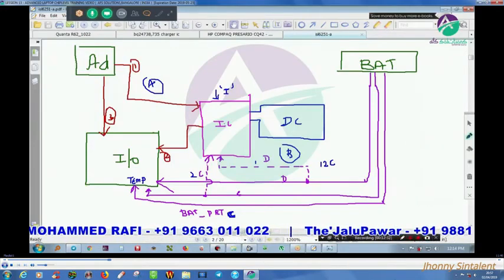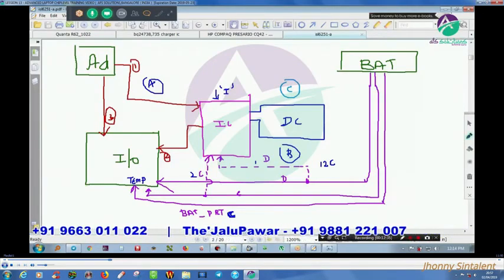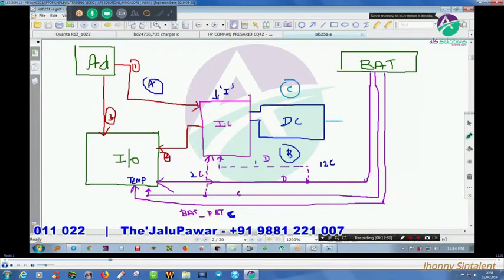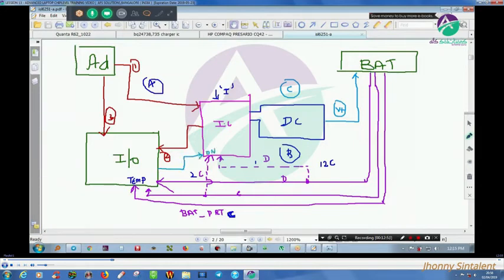Now we'll go for circuit number C. In circuit C, this will explain to me about the charging of my voltage. When the battery is present, the IO controller will give an enable message: this circuit should start.